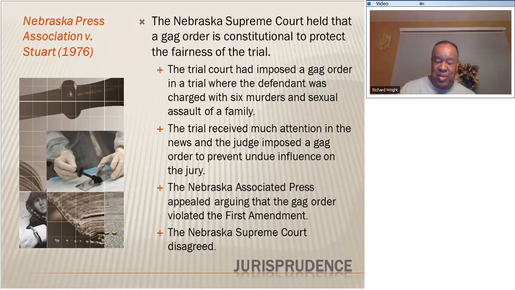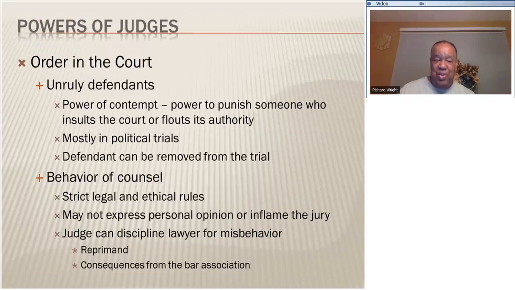Well, the Associated Press, who wanted to talk to them, argued that the gag order violated the First Amendment. The Supreme Court says, nope, not so. The bottom line is that this is not a violation of the law. It's for protection, to give an individual the opportunity to have a fair trial, and that is paramount over that issue.